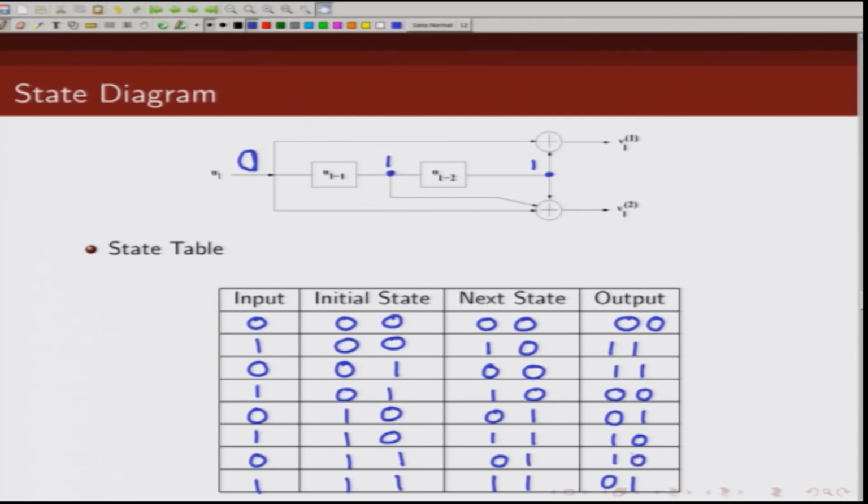So, note that we have drawn all possible state transitions corresponding to all possible inputs and all possible initial states.